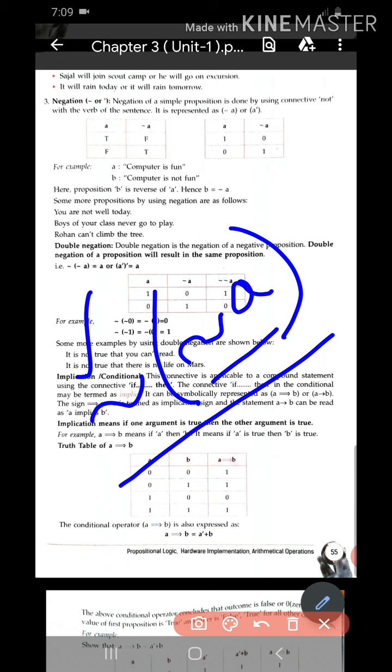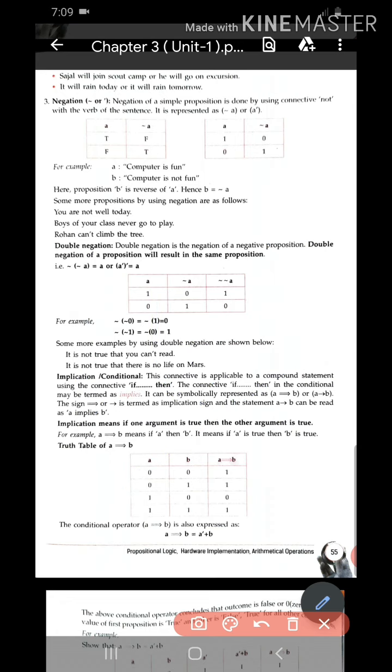You have to write "it is not true that". "It is not true that" indicates that what we are saying is not true. It is not true that computer is not fun. Means we are cancelling both the statements together. Two nots together means computer is fun. In this way, you can write the sentential form.